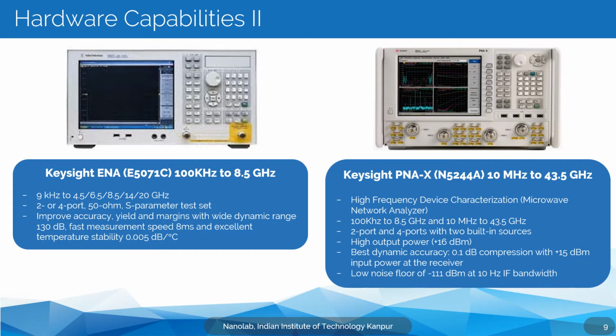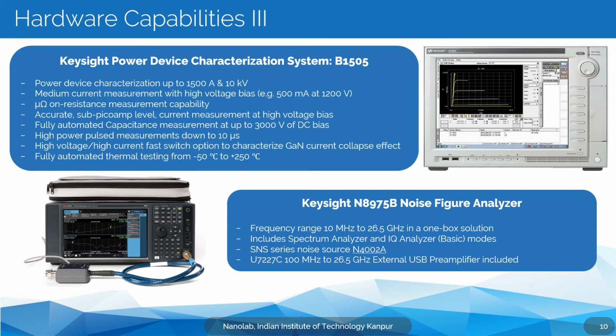For RF measurements, we have a Keysight ENA, which goes all the way from 100 kilohertz to 8.5 gigahertz. And for high frequencies, we also have a Keysight PNA-X N5244A, which goes all the way from 10 megahertz to 43.5 gigahertz. For measuring devices which work on high currents or under high voltages, we have a Keysight Power Device Characterization System, B1505.